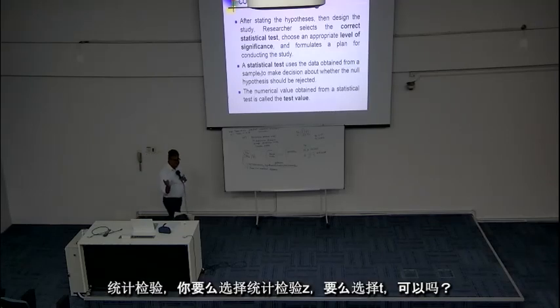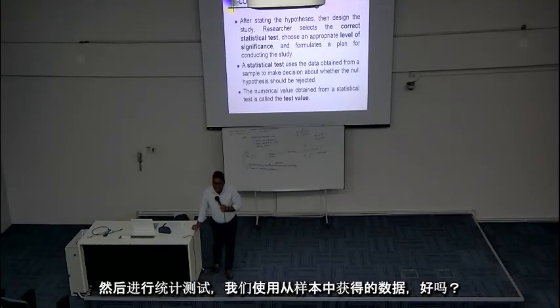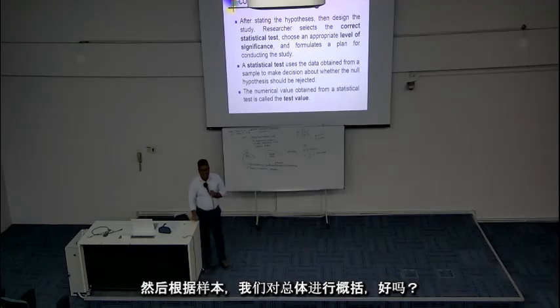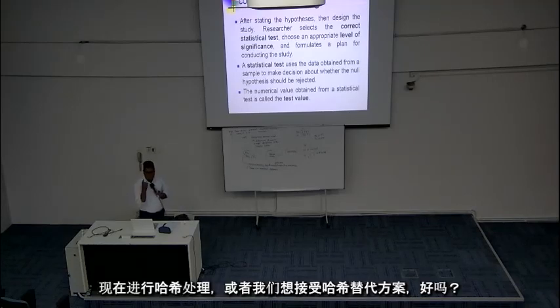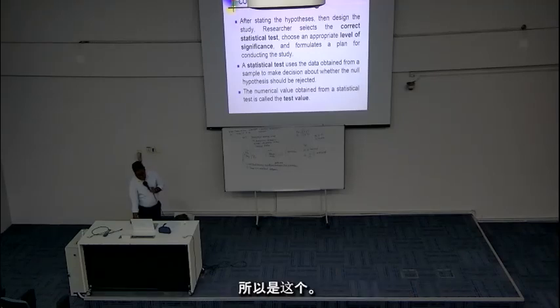From the sample we make a generalization about the population, and from this we can make a decision to either reject H null or accept the H alternative.